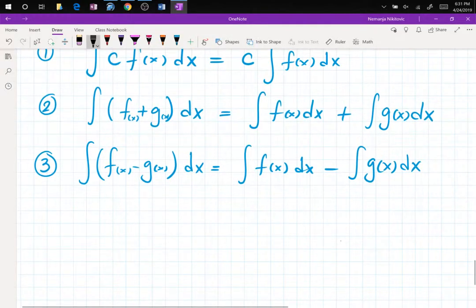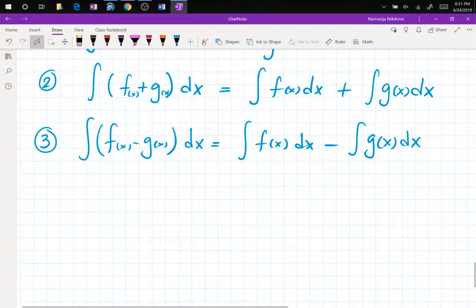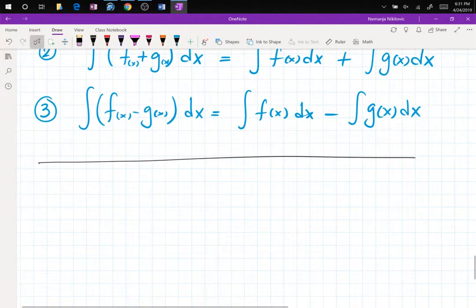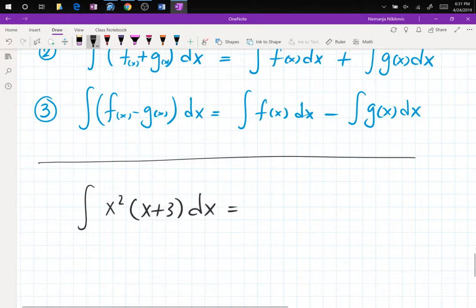Does that mean that you are not going to see products? No, because you already know some of the stuff. For instance, if I have the integral of x squared times (x plus 3) dx, what should you do to integrate this?